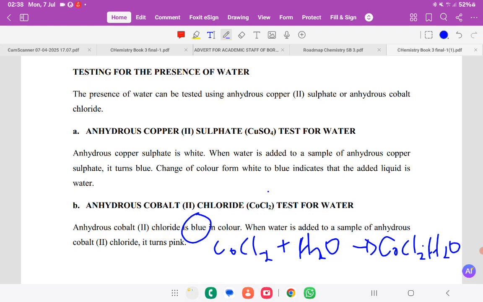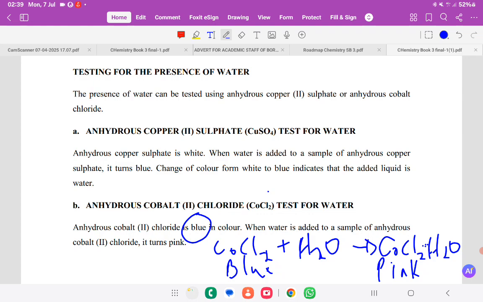This initially is blue, and the hydrate, which is the complex of cobalt chloride and water, is pink.